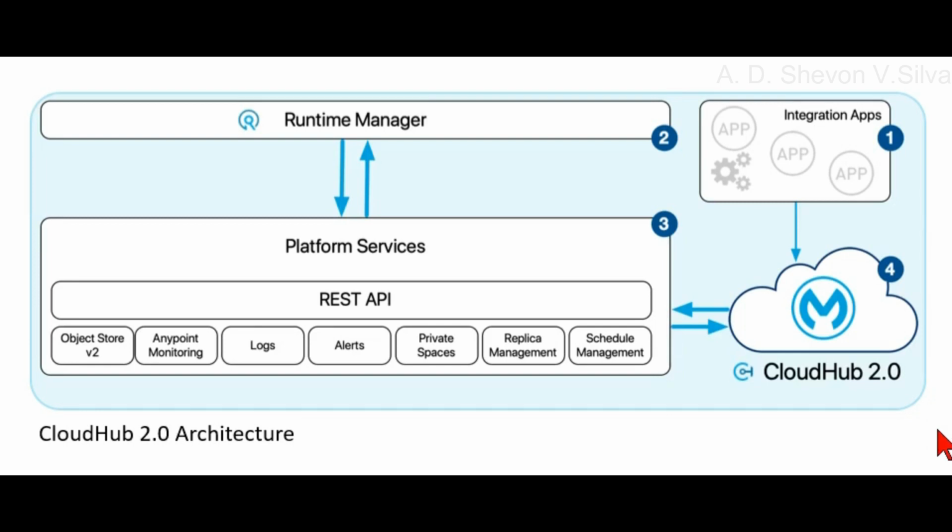CloudHub 2.0 architecture comprises two major components: endpoint platform services and shared global regions. These two components, along with endpoint runtime manager through which you can access them, work together to run your integration applications.